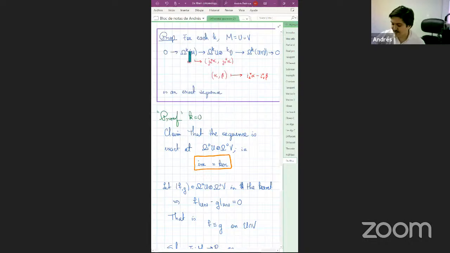So we have proved exactness here and here. It remains to prove exactness here. Is that clear to everyone?